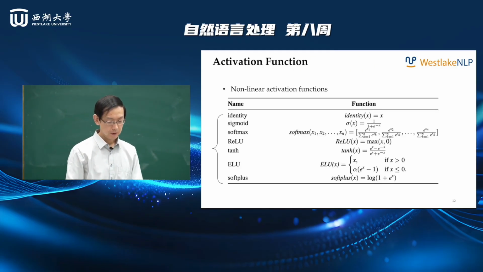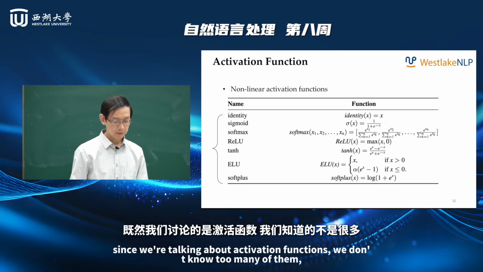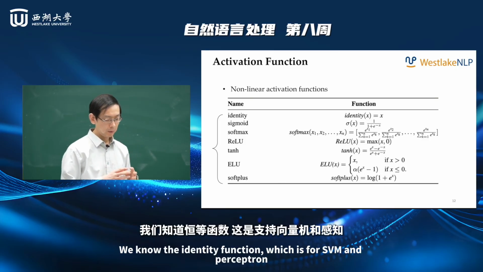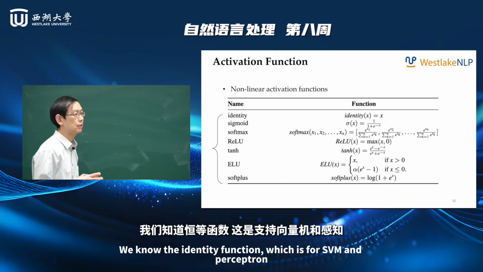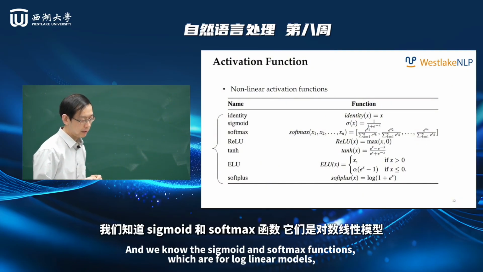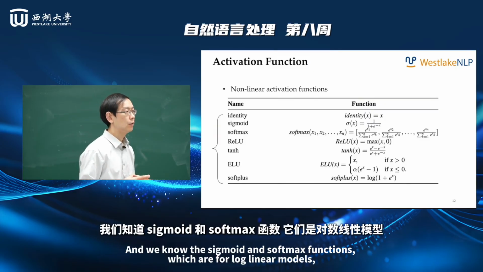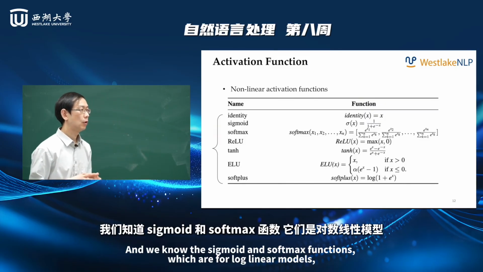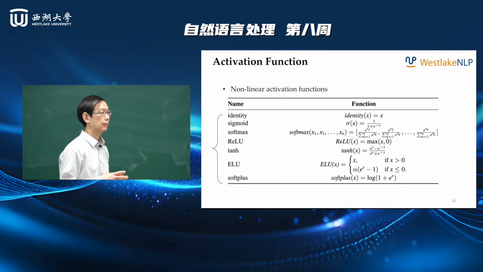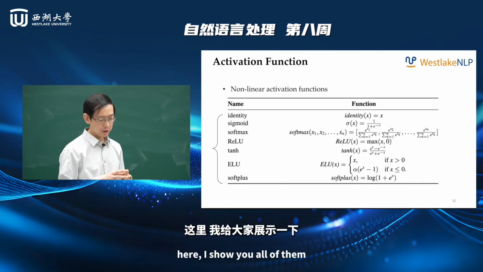Since we're talking about activation functions, we don't know too many of them, right? We know the identity function, which is for SVM and perceptron. And we know the sigmoid and softmax functions, which are for log linear models. So here, I show you 4 more of them.